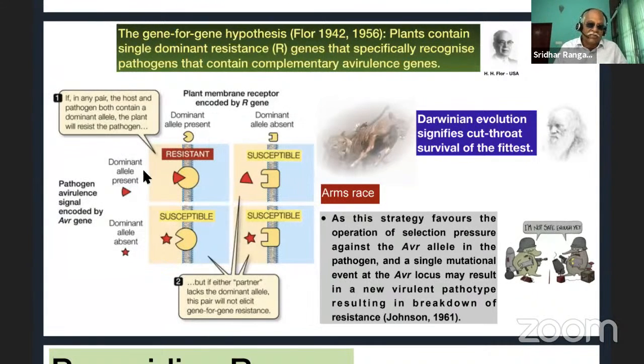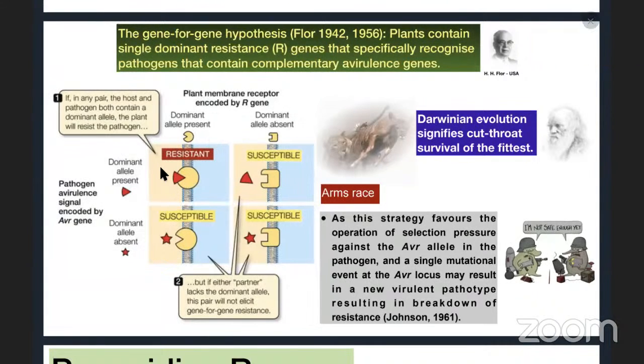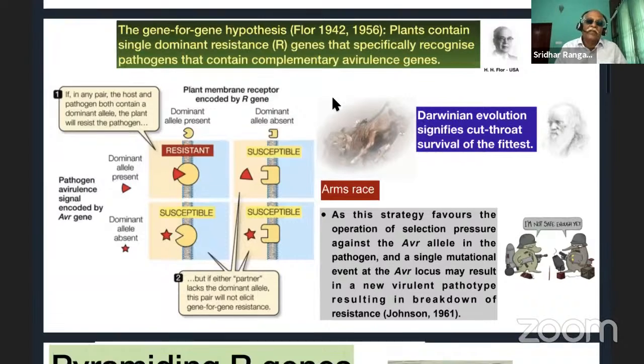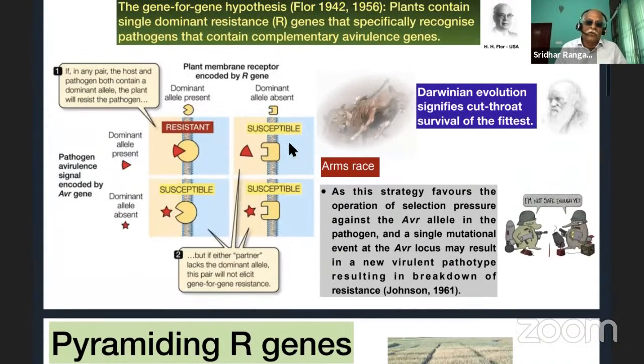And according to his concept, you know very well that if the avirulence gene and the resistance gene are compatible, then you have the resistance. Incompatible, you have the resistance. When it is compatible, you have the susceptibility.